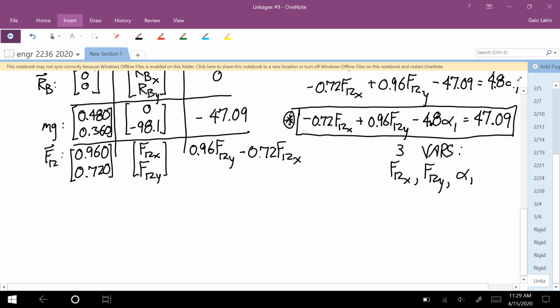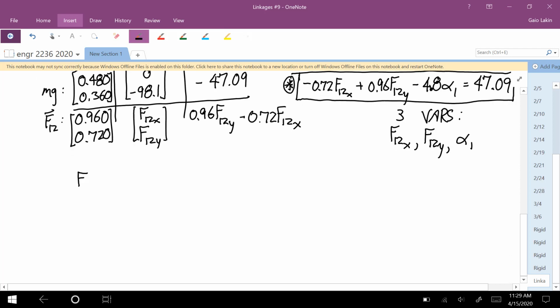And now we'll go on to body 2. And so I'm going to do this one in the right order. Okay, does body 2 have a fixed point? No, every point on body 2 can move relative to the coordinate system. And so the mass moment of inertia of body 2, we're going to use about the center of mass.